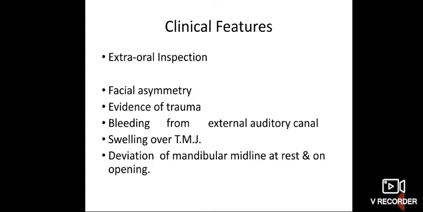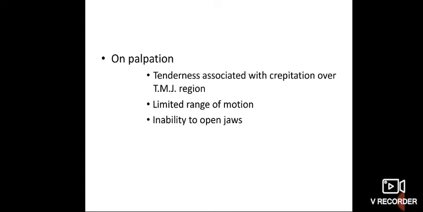Underneath the masseter they will swell, so you can have swelling over the TMJ region. Deviation of the mandible midline at rest or on mouth opening. If it is a unilateral condyle fracture, you will have deviation. You ask the patient to open the mouth, you can have deviation. You can see the patient having an open bite also on inspection.